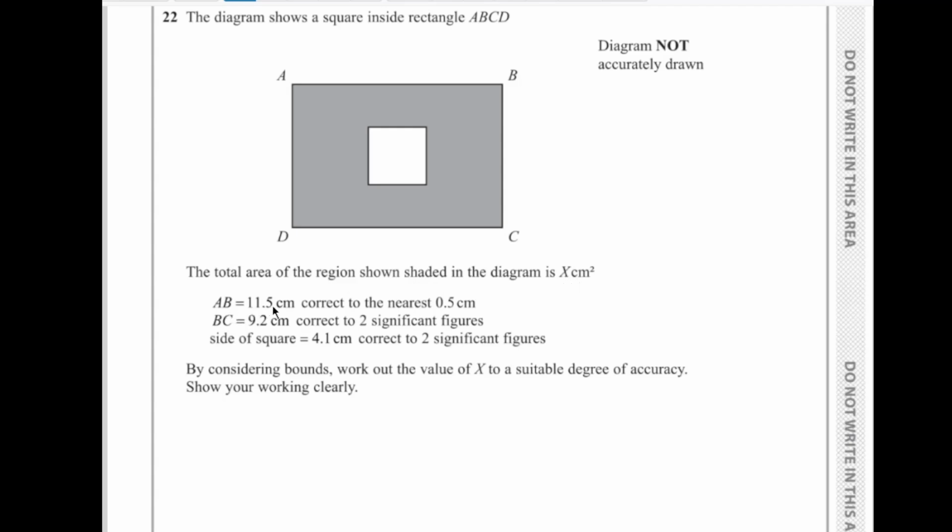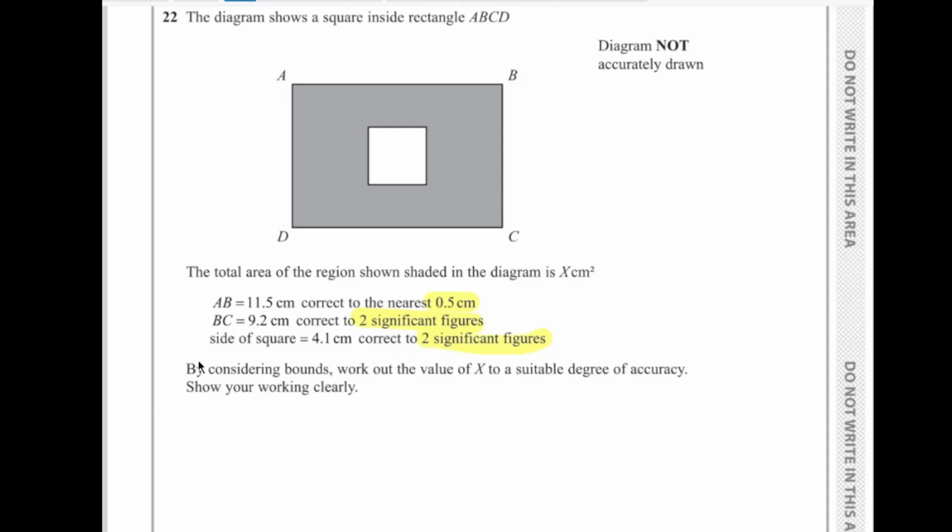AB equals 11.5, correct to the nearest 0.5 centimeter. This is really important: to the nearest 0.5 centimeter. BC equals 9.2 centimeter, correct to two significant figures. Side of square equals 4.1 centimeter, correct to two significant figures.